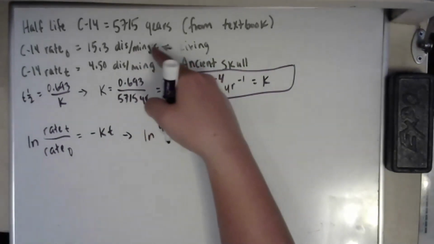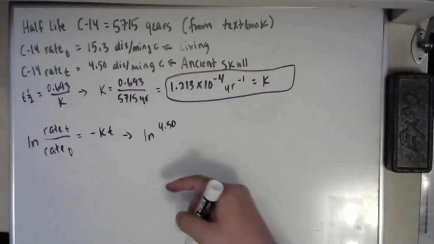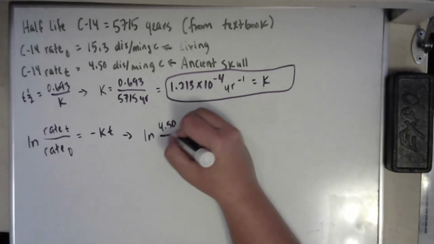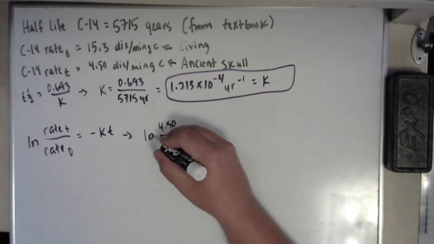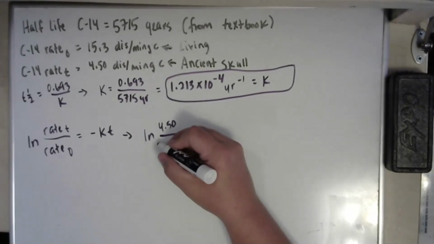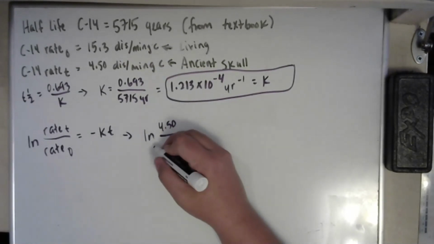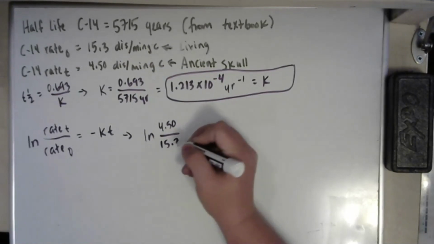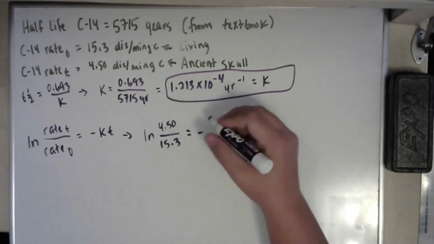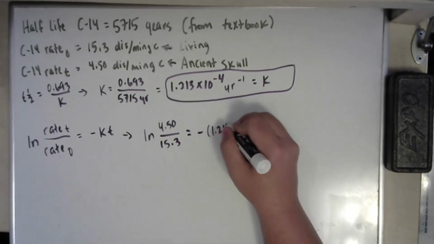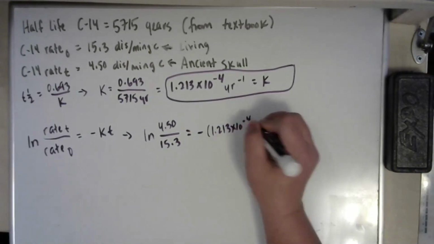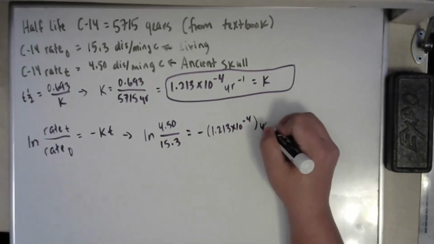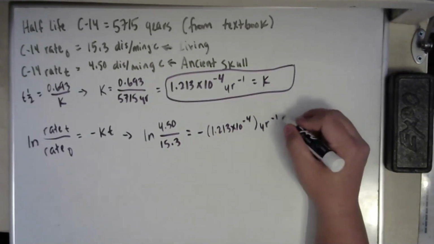I'm not going to include the units, but you can include the units if you want to. When we divide, the units are going to cancel out anyway. Over the initial rate, which is 15.3. That's going to equal minus 1.213 times 10 to the -4 years inverse times time.